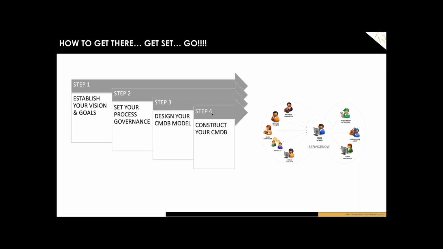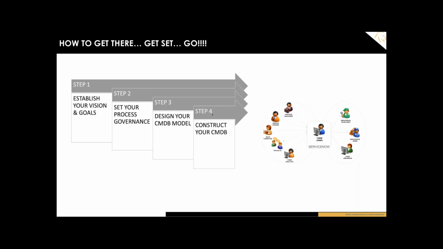The more we have, the less that CMDB becomes important or critical to help us manage our information. So it's very important to establish the vision and goals, then put in place a governance, and then design the CMDB model on paper. What type of information do I need to have, what type of relationships do I want, and why do I need that information?